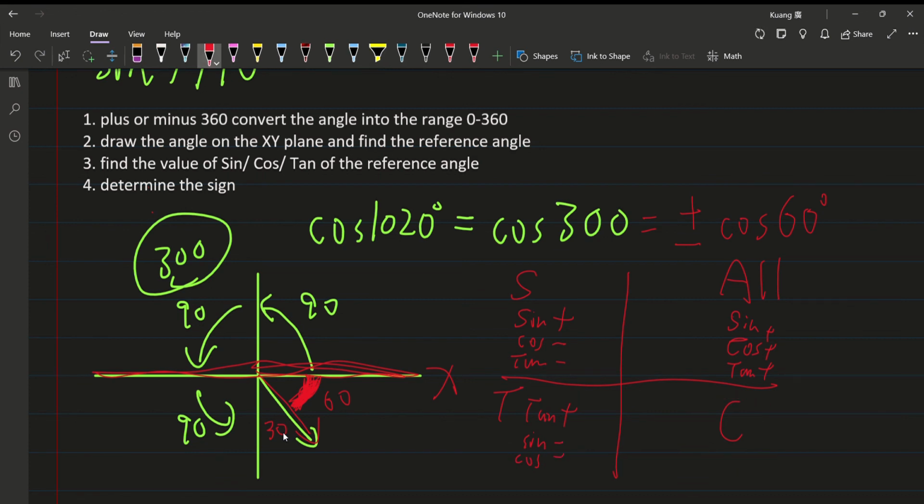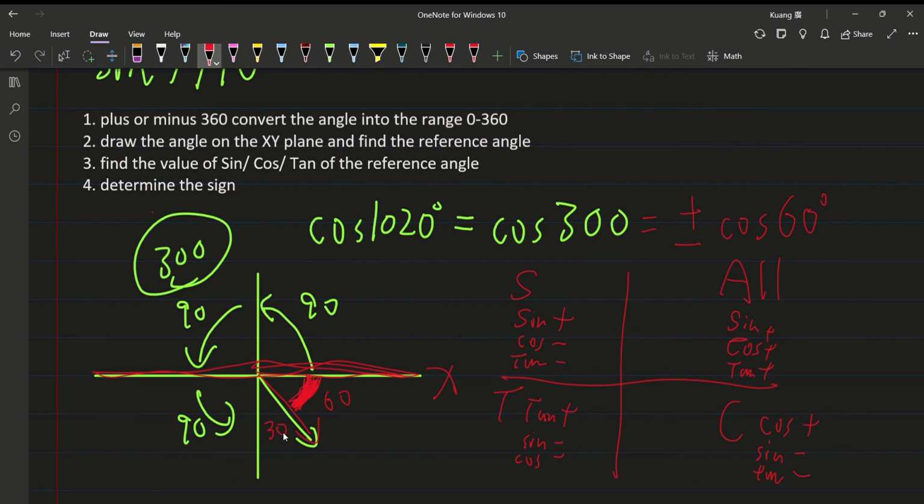Last one, calculus means cosine is positive, sine and tangent are negative. So the slogan is All Students Take Calculus, right? And S means sine is positive, the other two are negative.